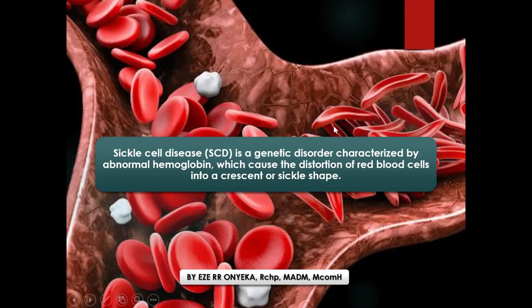And once they are destroyed or hemolyzed, the person will become anemic because the total number of red blood cells has decreased, and the person presents with jaundice and other signs and symptoms of anemia. So that is what really happens in a patient with sickle cell disease.